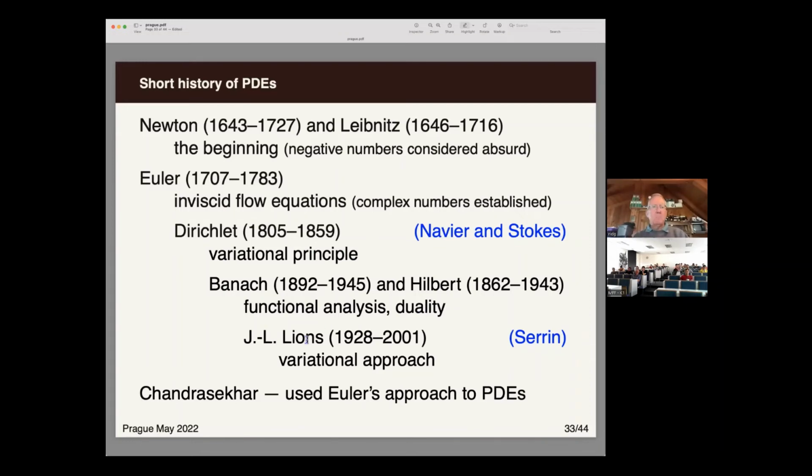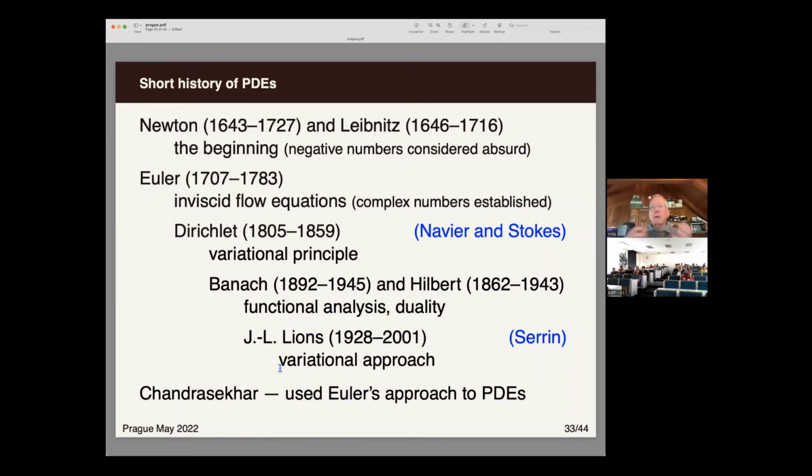And then a next major waypoint was the development of the variational approach for PDEs by Jacques-Louis Lions and others. And so we are in this trajectory in this lecture. We understand the variational approach and we kind of naturally take that approach. And when you do that, you get to the Reynolds-Orr instability theory very quickly.